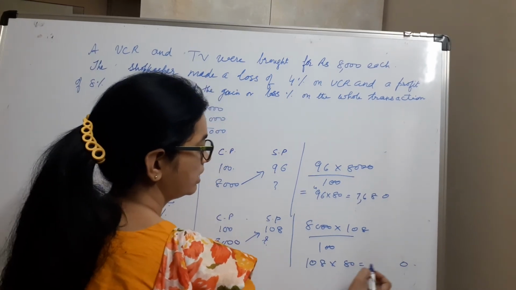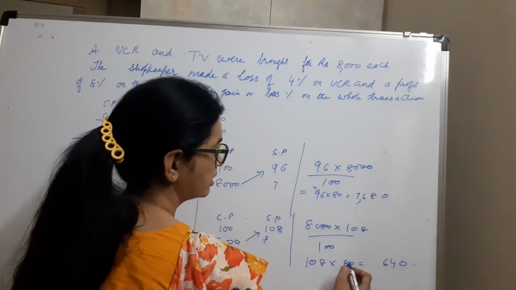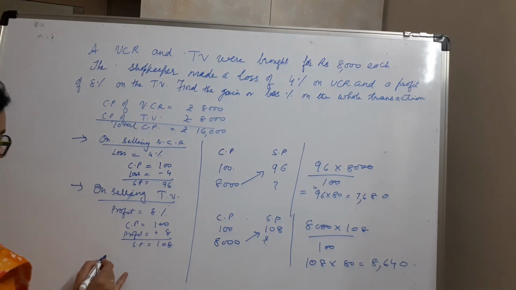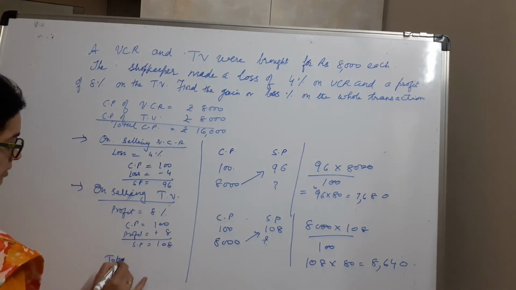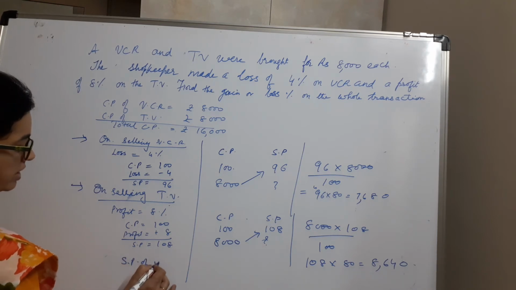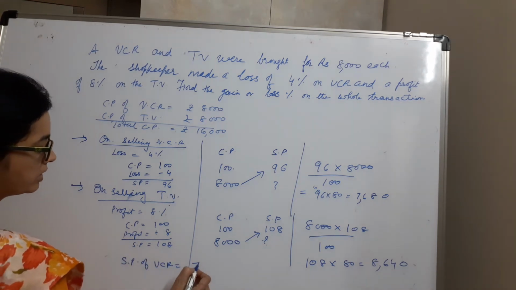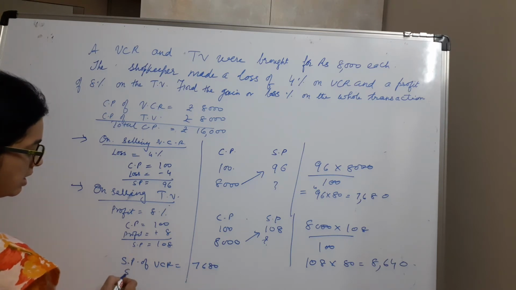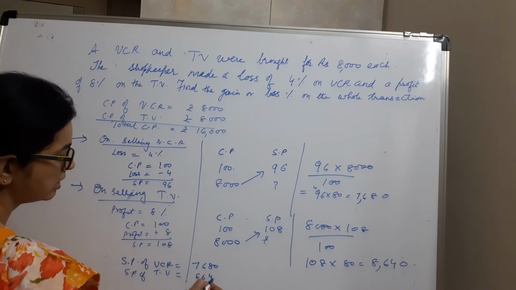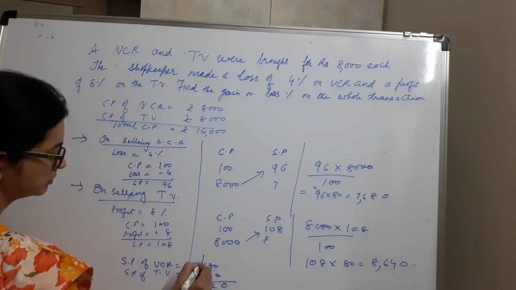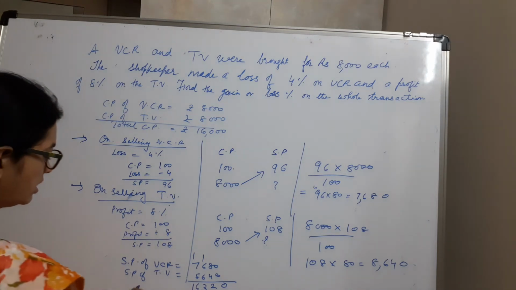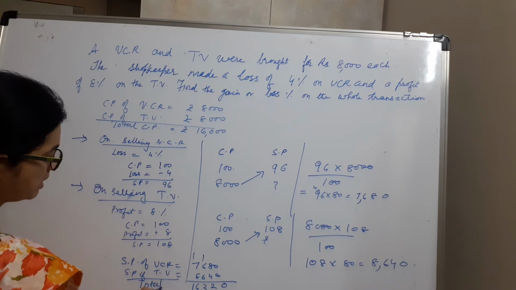Put a 0. 8 8s are 64 and so on, 8,640. Now add the SPs. First let us write SP of VCR is equal to 7,680. SP of TV is equal to 8,640. So it is 16,320. This is the total SP.